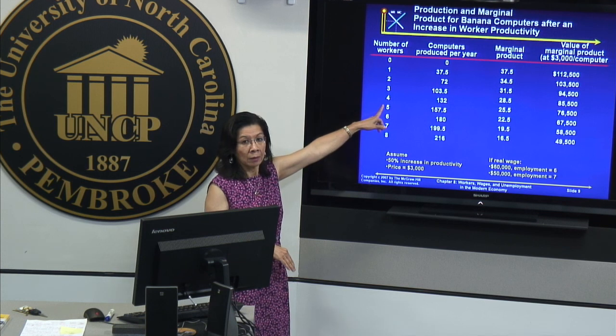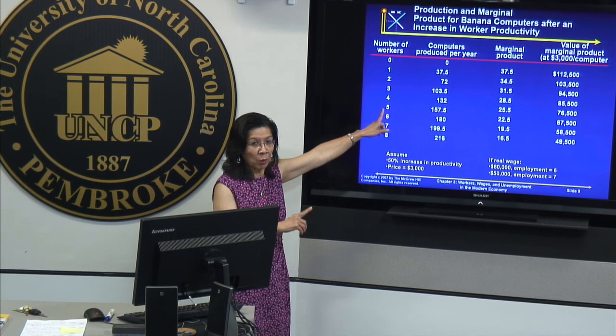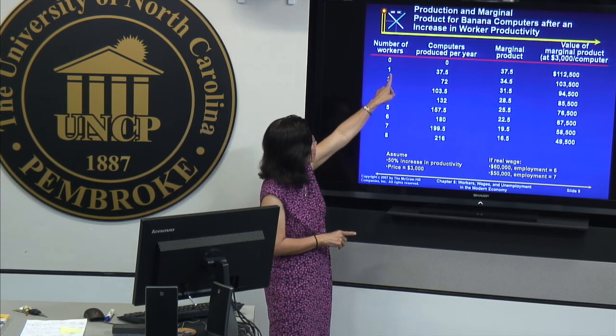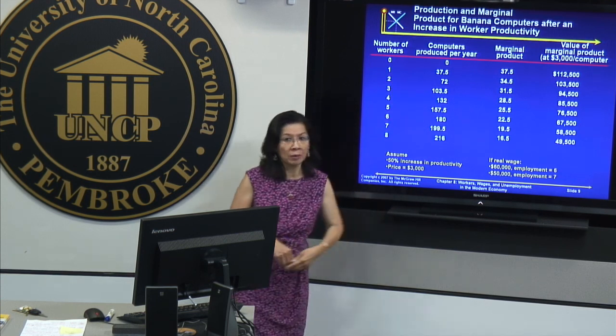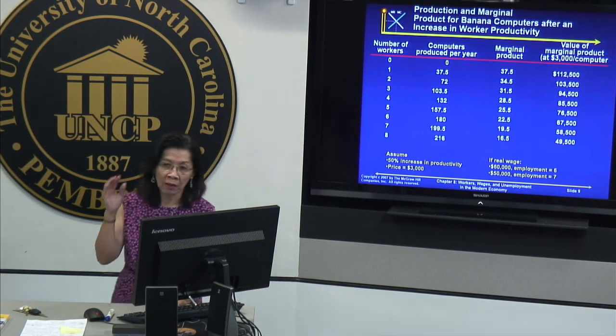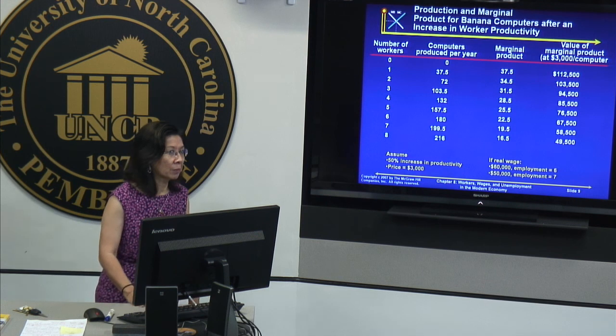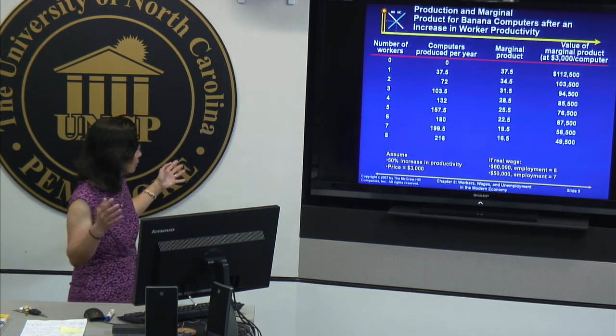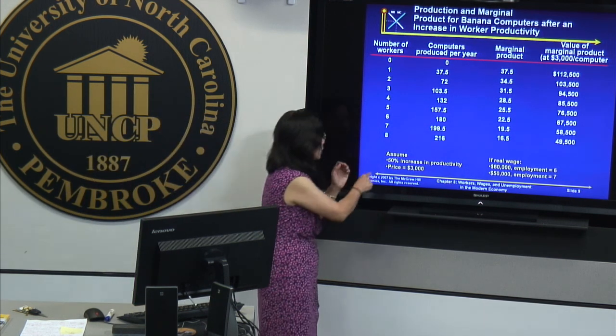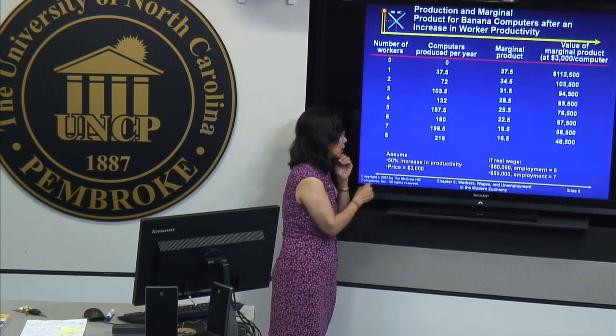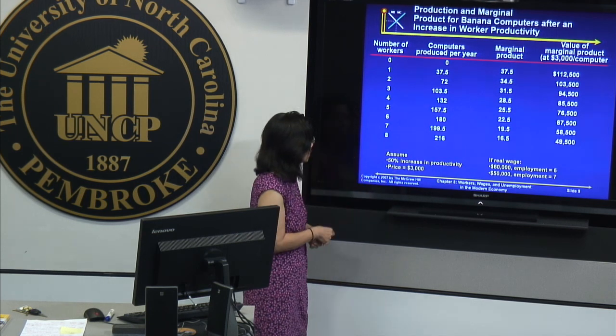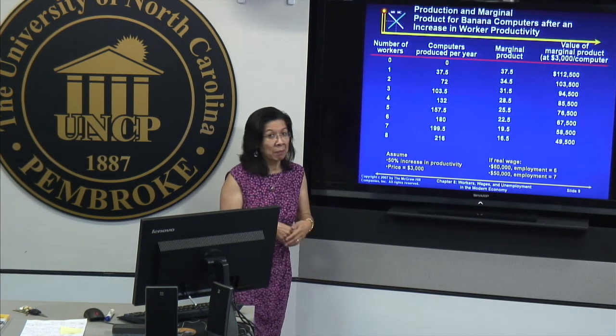Notice that this time the worker is more productive now. Look at this first, one worker can now produce 37.5 computers instead of 25 computers. Hey, he's more productive now. Because we make that assumption, we say 50% increase in productivity for all the workers. Okay, the price of the computer remains the same.